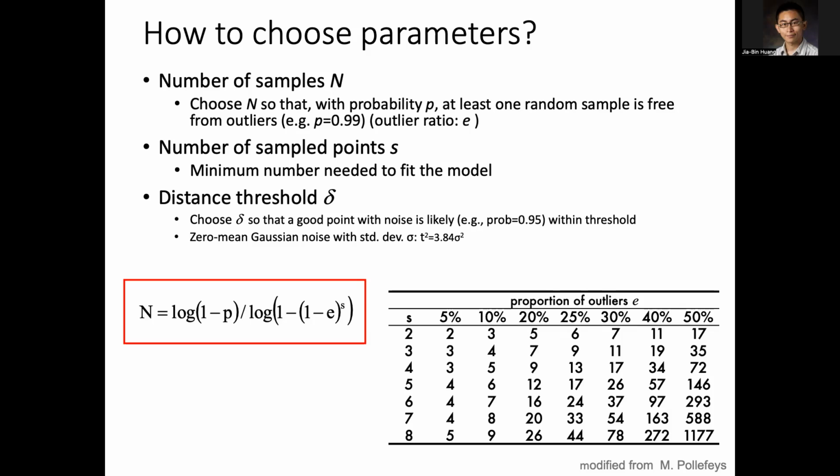And in that case, if you have a lot of outliers, you need to sample a lot, right? To make sure the probability of sampling A points, that is all A points are inliers, you need a lot of samples. Okay, does it make sense so far?